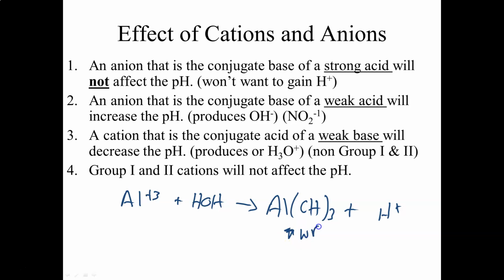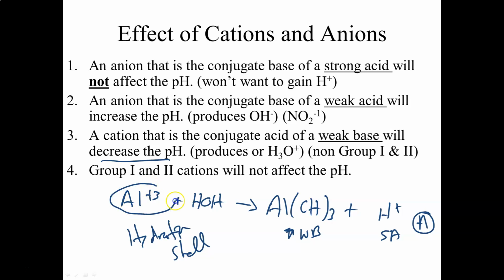Weak base, strong acid, acidic salt overall. It decreases the pH. This is where you make your hydration shell, what I went over on the previous slide. So basically, if you have a cation from anything other than group 1 and group 2, it will be acidic. That's a Lewis acid.